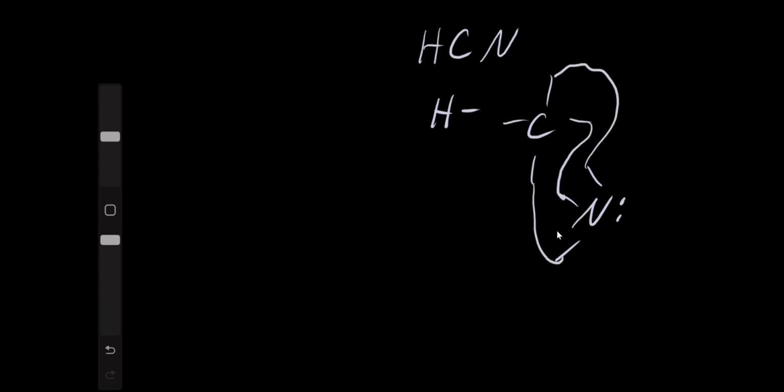So hydrogen will do this, and carbon will do this, right? And nitrogen should do this, right? So this is pretty obvious. I'll just connect it like this, and then I'm going to draw this in a nicer way: C, N, and 2 electrons.